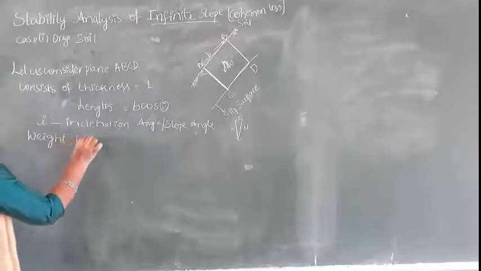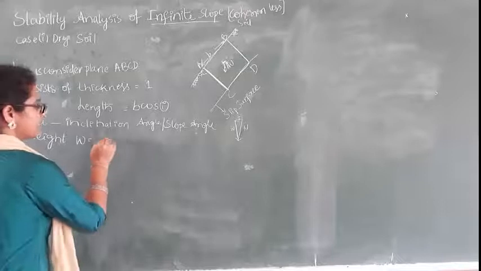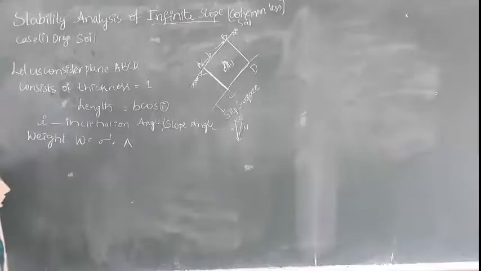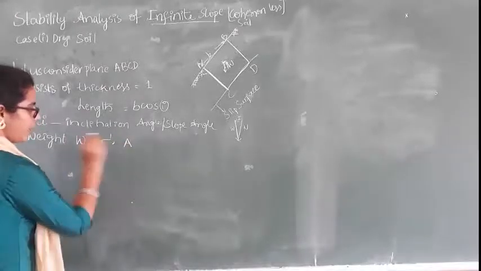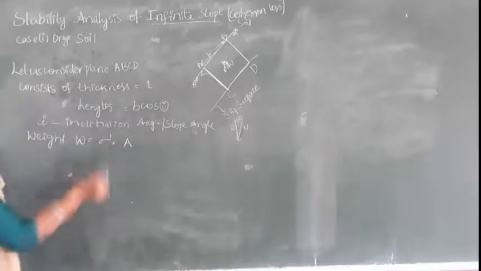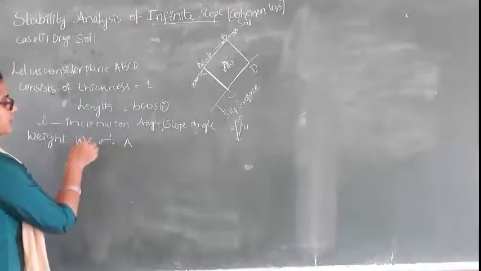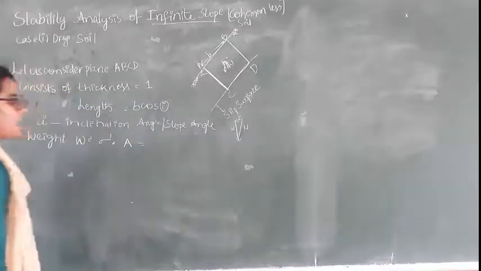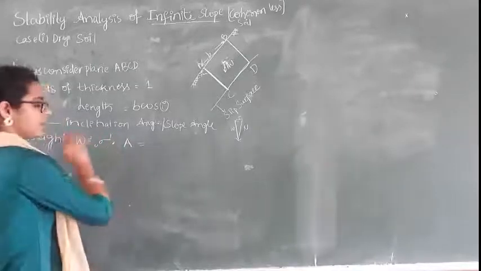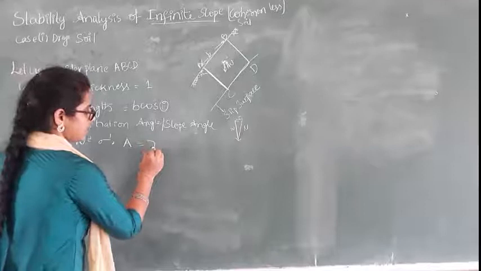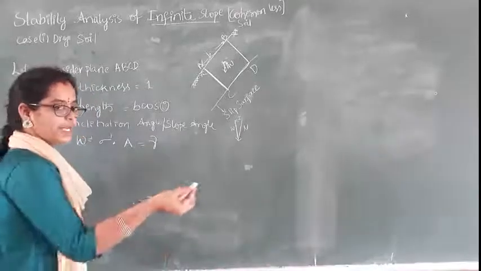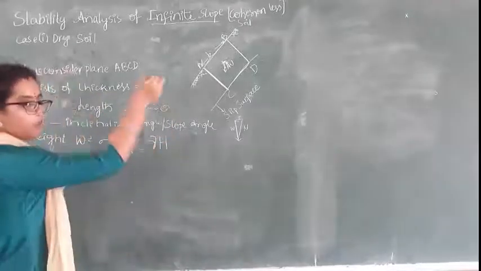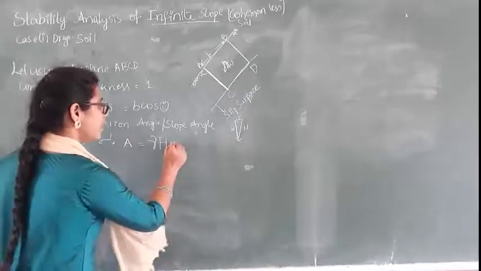Weight is represented with W, and we can write it as sigma into A, or sigma dash into A. So stress into area will be equal to the weight, or the load. We all know that stress is the multiplication of the unit weight of soil and the height, or the depth of the slope, and area.